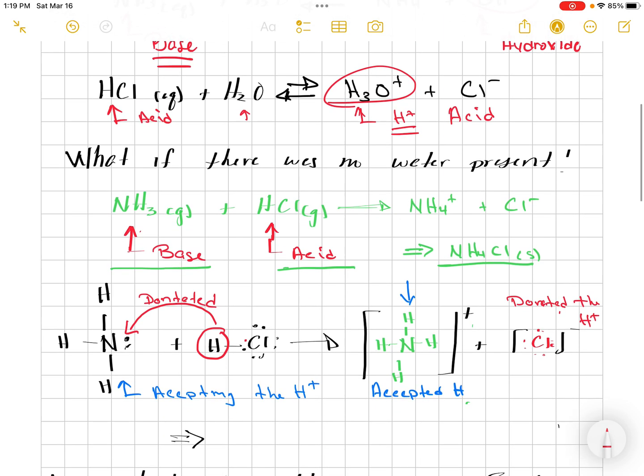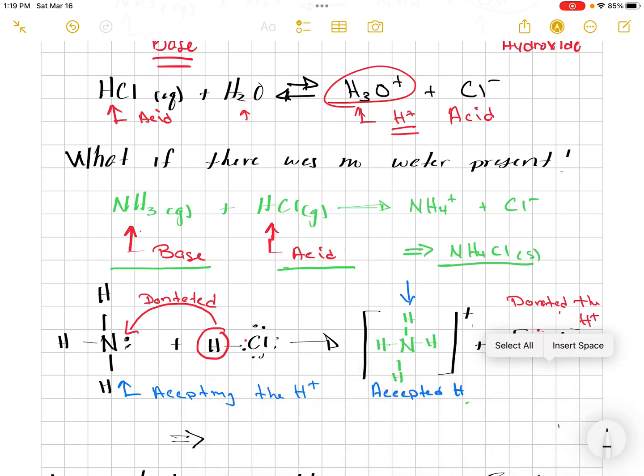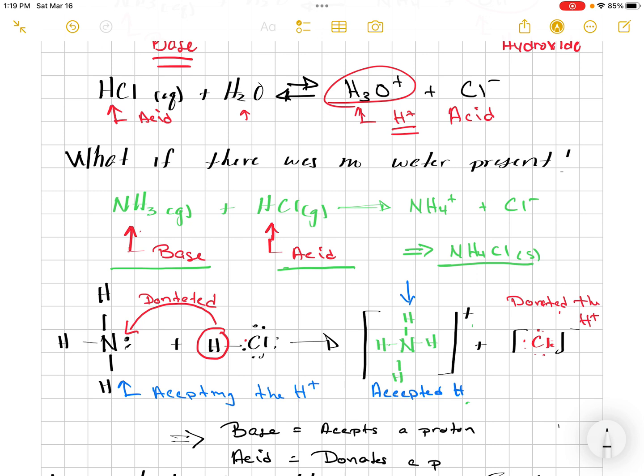So what you have here is the basic definition of a Brønsted-Lowry base and acid. A base accepts a proton, and an acid donates a proton. That's what defines a Brønsted-Lowry acid and a Brønsted-Lowry base.